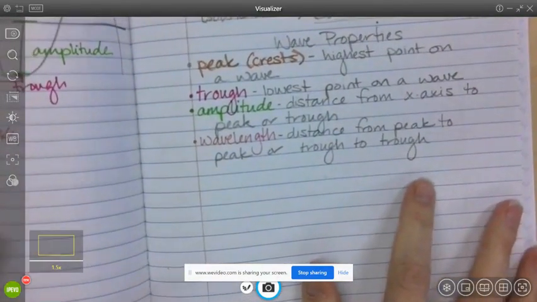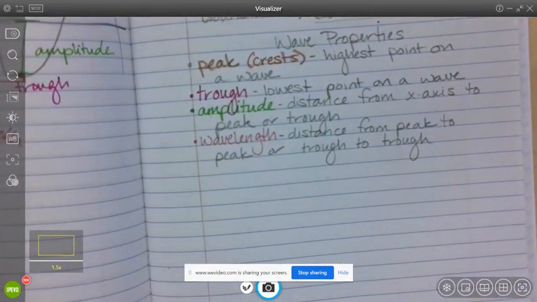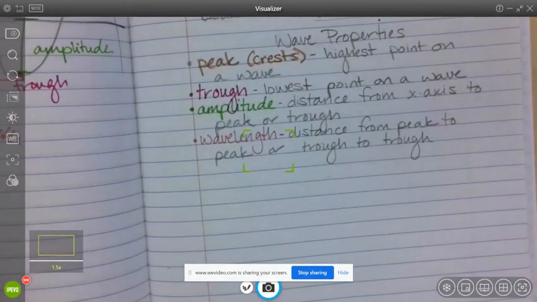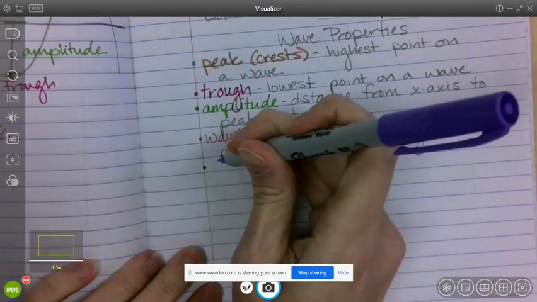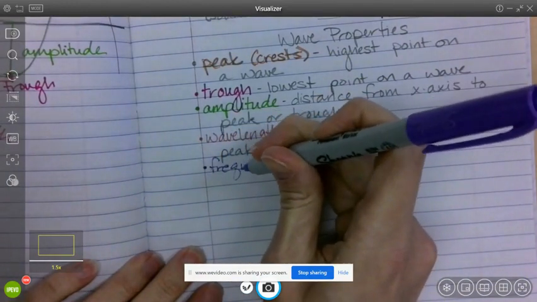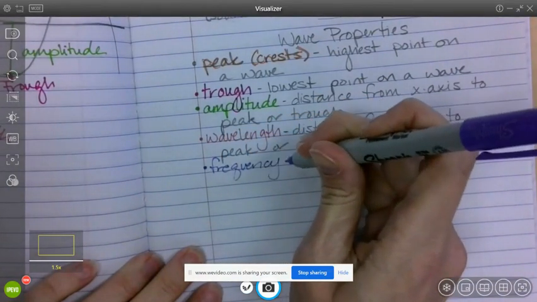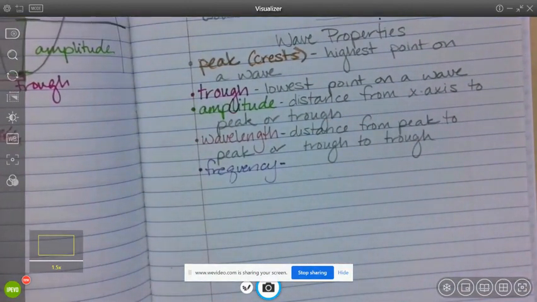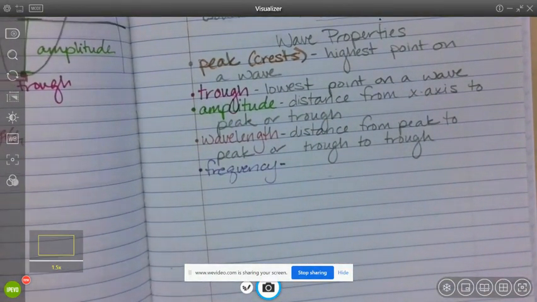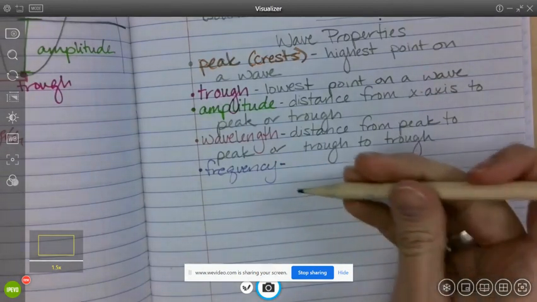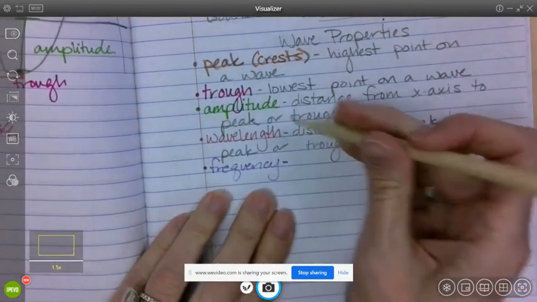Okay. Next, we're going to talk about frequency. The frequency of a wave is the number of waves per second. You can kind of imagine frequency like if you're standing on a beach and you're counting how many waves come in from the ocean, right? You're counting how frequently the waves hit. Same with other waves.